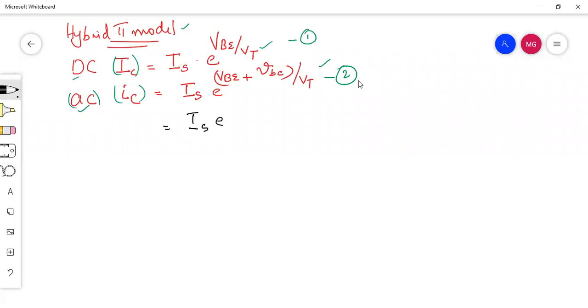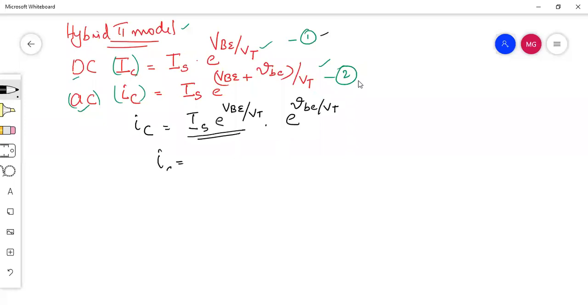IS into e raised to VBE by VT into e raised to small VBE by VT, exponential. And this LHS is small i capital C. Then this term from equation 1, I can replace with capital IC.